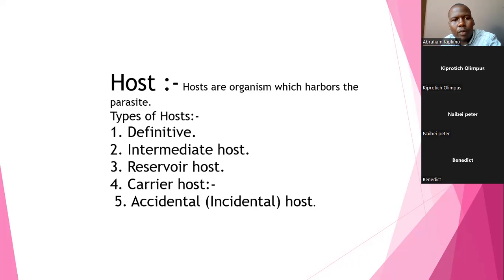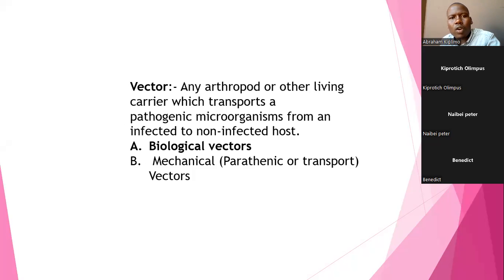Correct. And we have the types of host. Read for us the types of host, Olympus. You have a definitive host, intermediate host, reservoir host, paratenic host, and incidental host. Correct.